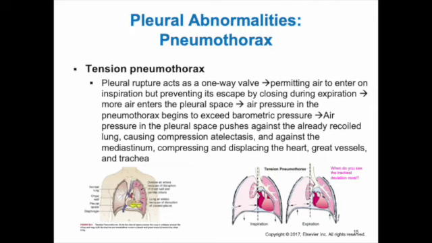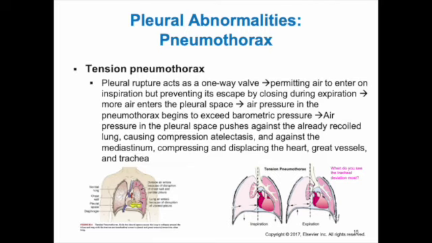It permits air in when we're inspiring, but it's not going to allow any of this air to escape because it's closed during expiration. So as more and more air enters the pleural space, there's nowhere for it to go. So this air pressure is going to increase in the pneumothorax and exceed the barometric pressure.